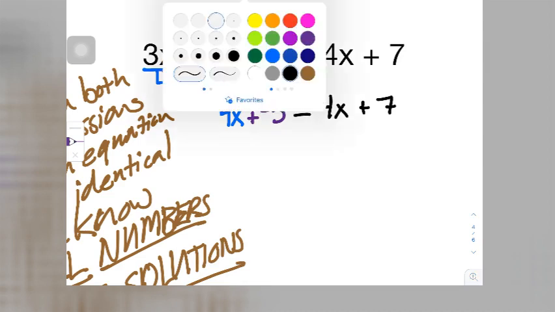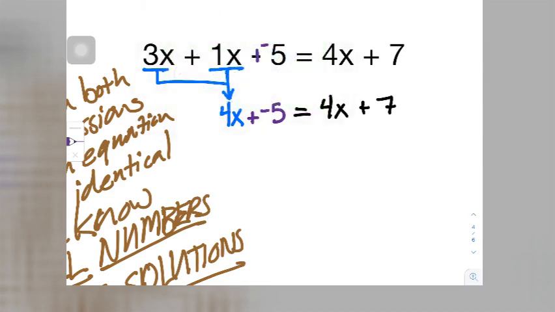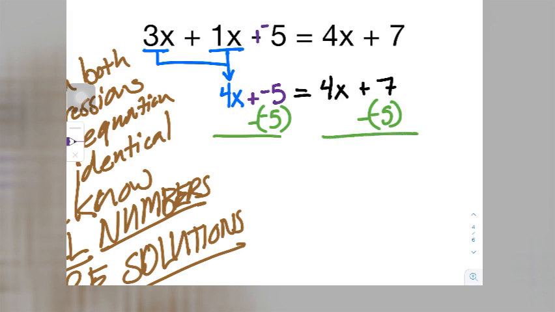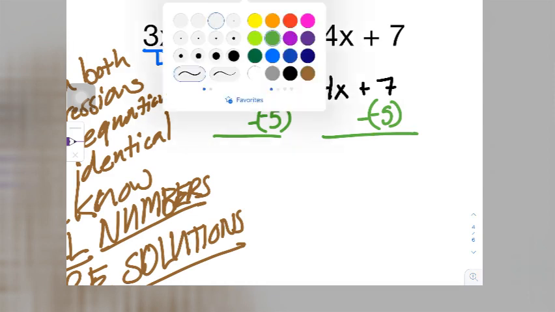And then my next move is going to be, let's see, I'm going to remove a balance set. It doesn't really matter which one I do. I am going to start with, I'm going to add 5. I want to get rid of this negative 5, so I'm going to subtract negative 5. And then I'm going to subtract negative 5 over here as well to stay balanced. And when I'm done with that, well, let's see.